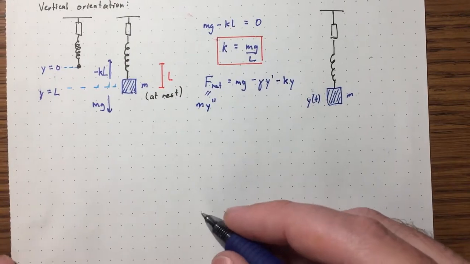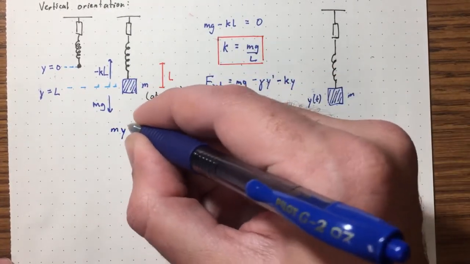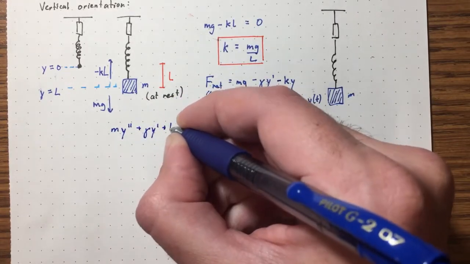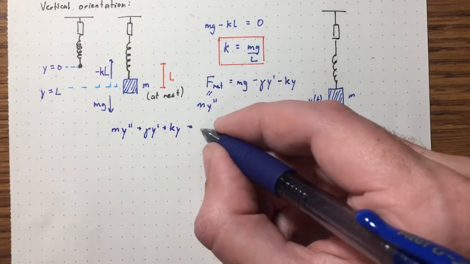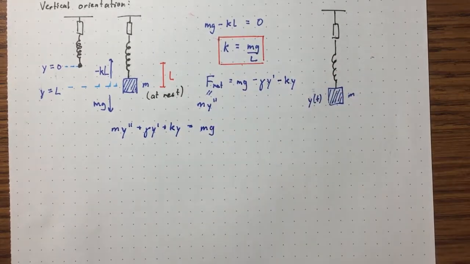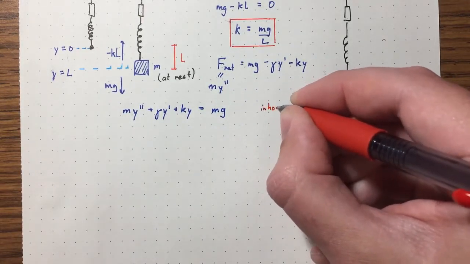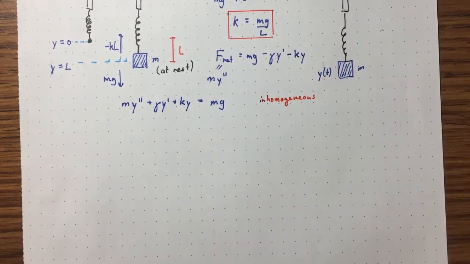And I'm going to just write it in the usual linear form. So we have m y double prime plus gamma y prime plus ky, and that's going to equal not 0 in this case actually, but mg. And so this is actually an inhomogeneous differential equation, right?